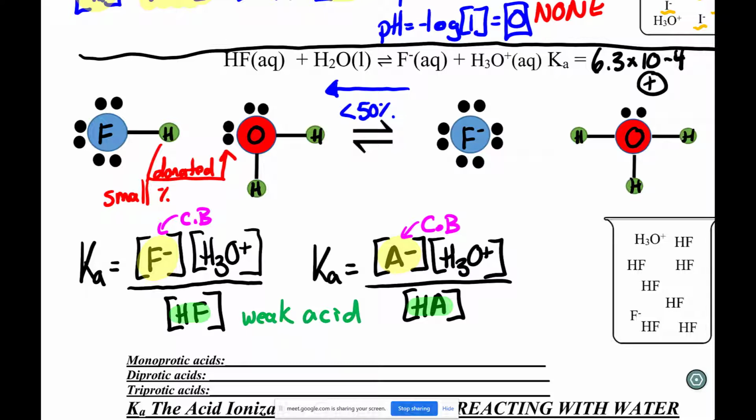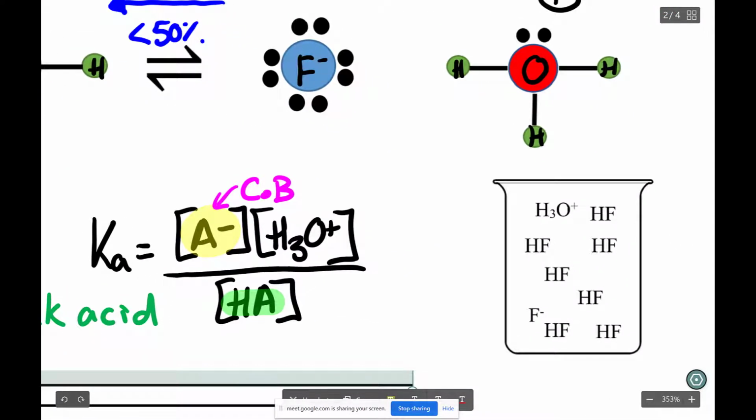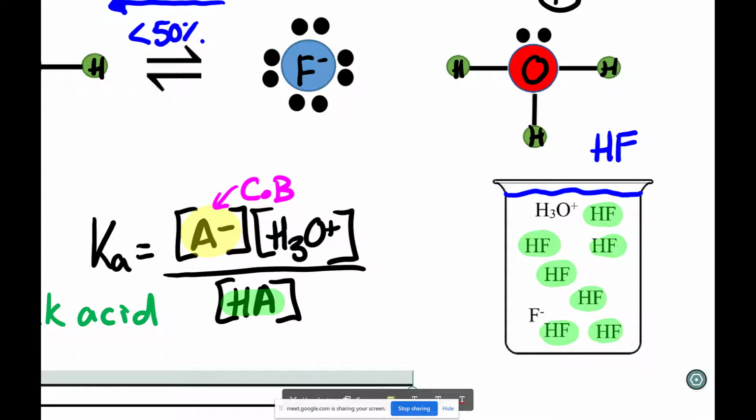Now, if I was to look at a beaker and this beaker was labeled HF, I would see tons and tons of HF. So you can see I've got HF, HF, HF, HF, HF, HF. HF is extremely polar and it dissolves in water very well.